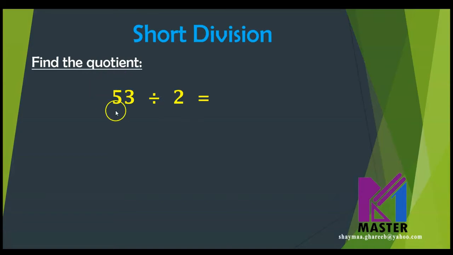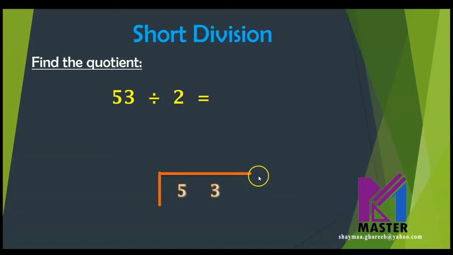First, let's revise: the first number in any division sentence is called the dividend, and this one is called the divisor. So first we are going to draw the division sign of the short division. Then we are going to write the dividend under the division sign.